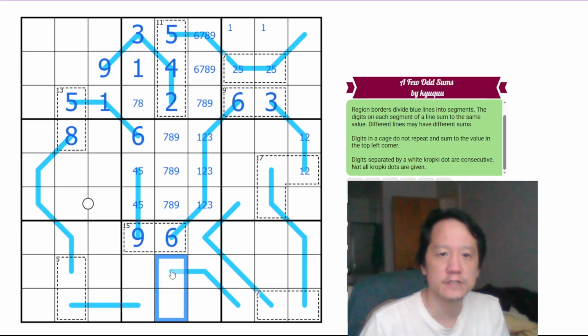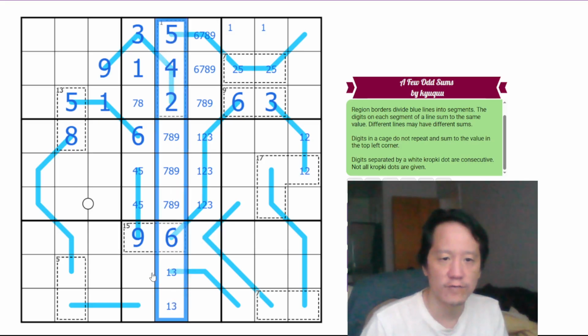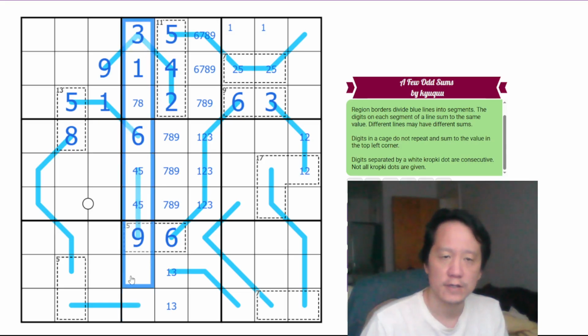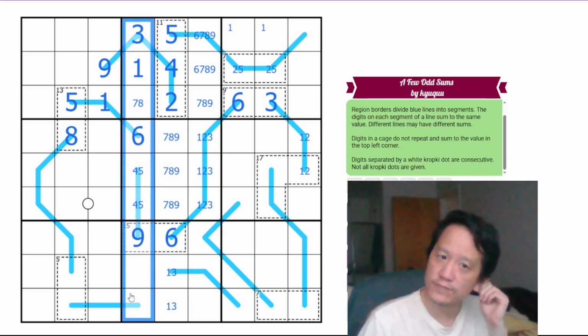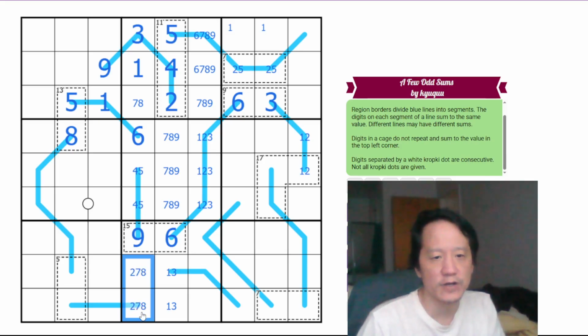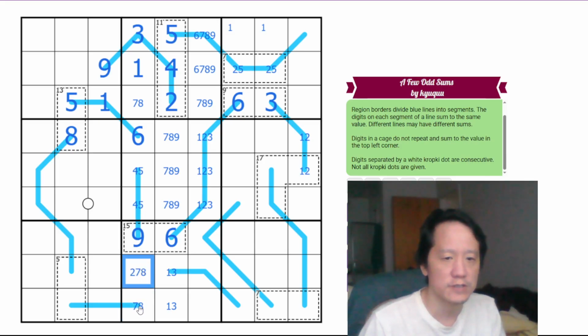The remaining digits here are 1 and 3. In column 5. In column 4, we only have 2, 7, or 8. But this cannot be 2 because if this were 2, that would be 2 unique digits adding up to 2, which is not allowed. So this must be a 2 here.